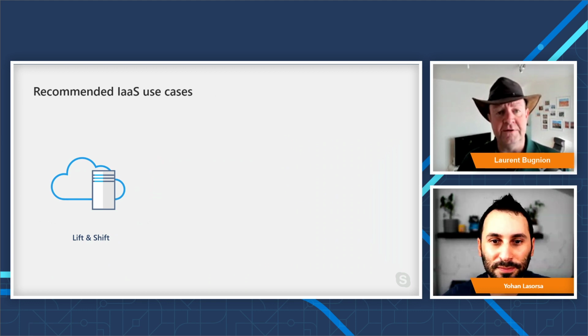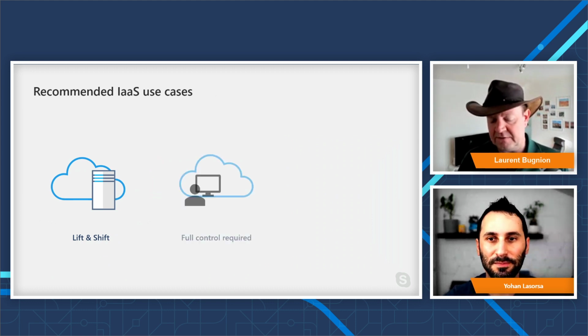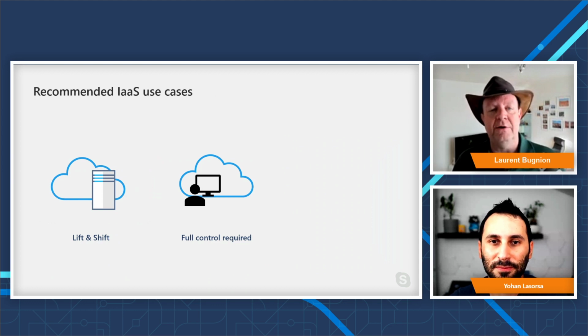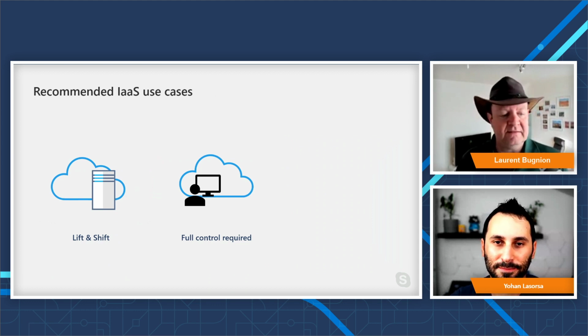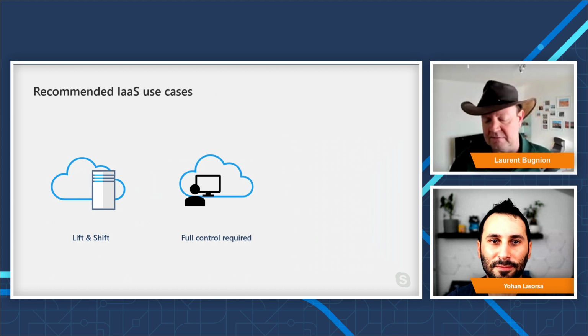Excellent. And so that's often a first step into the cloud, because of course that's something that people can do, I would say, relatively easily without having to change too many things in their infrastructure. It is a good scenario when you need the full control. Let's say that you are using, for some reason, a relatively old version of Windows, which is not offered in the Azure marketplace, so you cannot choose it, for example, or an old version of SQL Server, because sometimes it happens, or you just need the full control over your operating system for some reason.